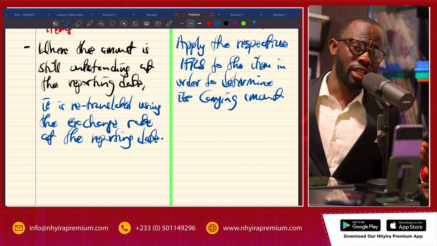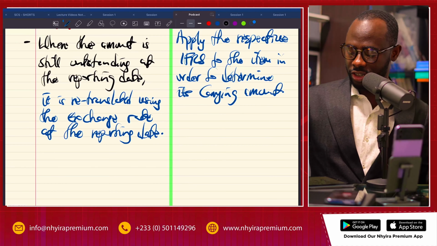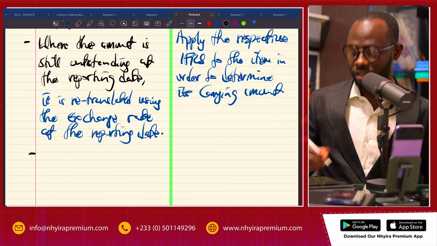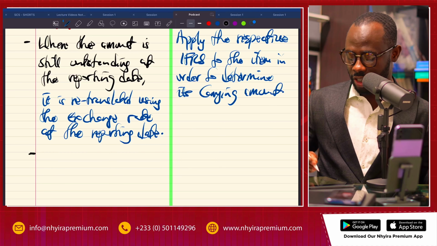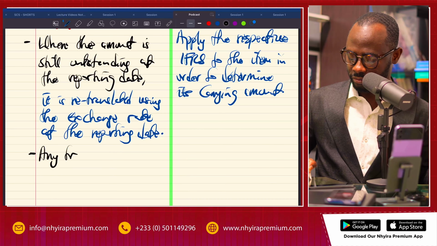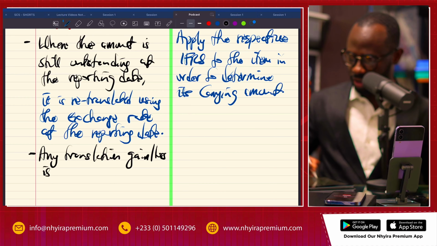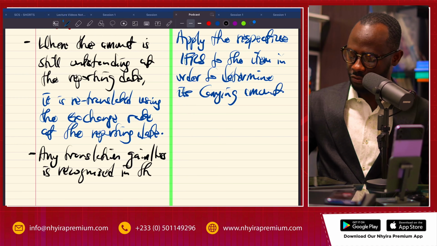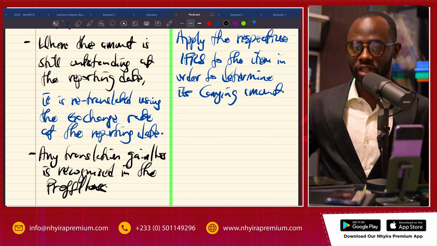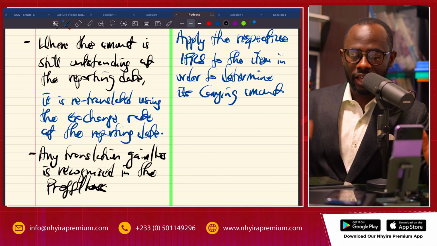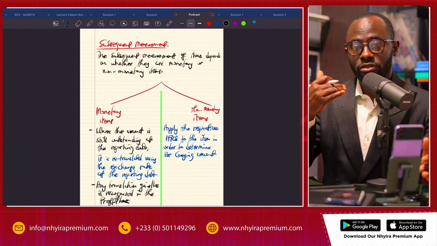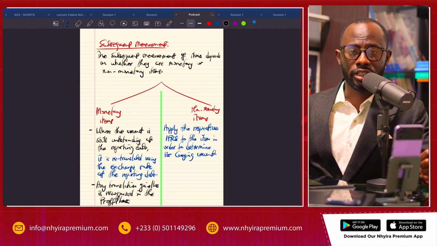And once we do that, any foreign exchange, any translation gain or loss is recognized in the P&L account. So any translation gain or loss is recognized in the profit or loss. Pretty simple. That is the idea about the subsequent measurement of the items.